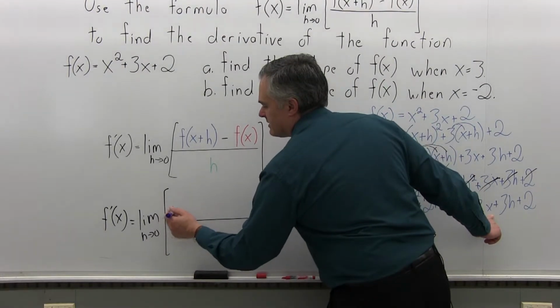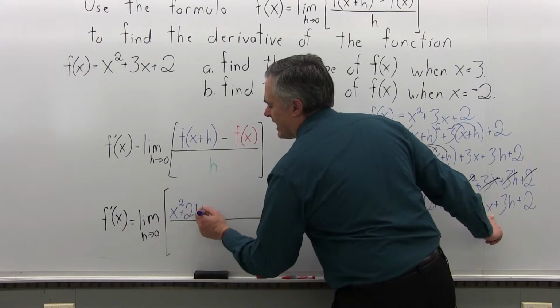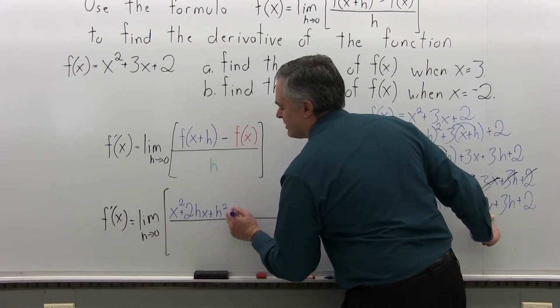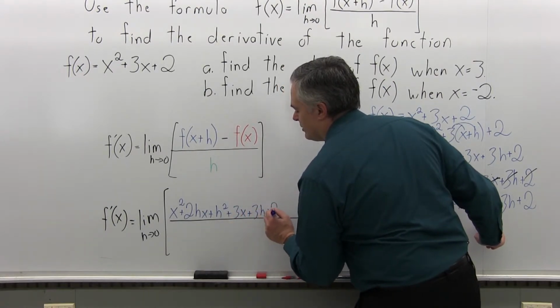It is x squared plus 2hx plus h squared plus 3x plus 3h plus 2.